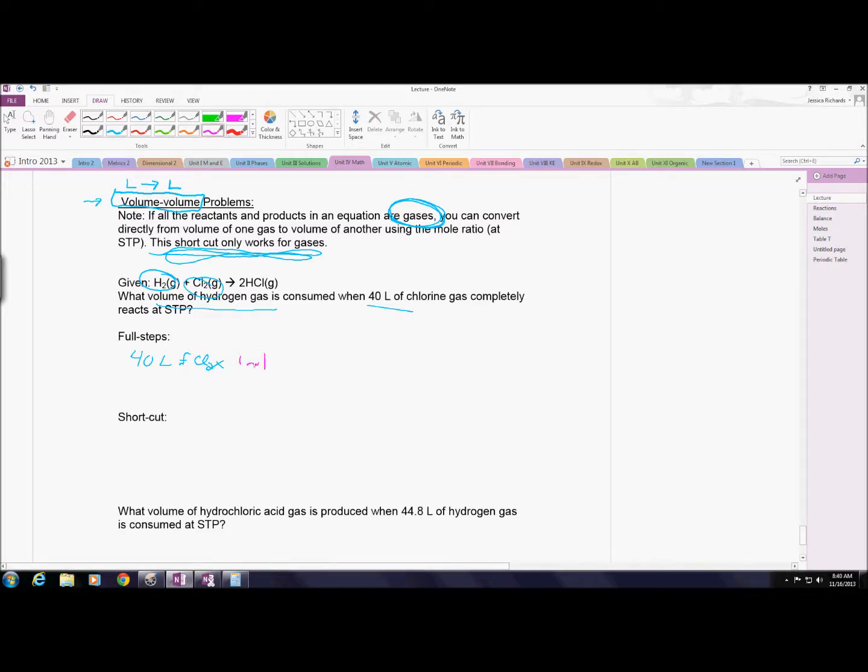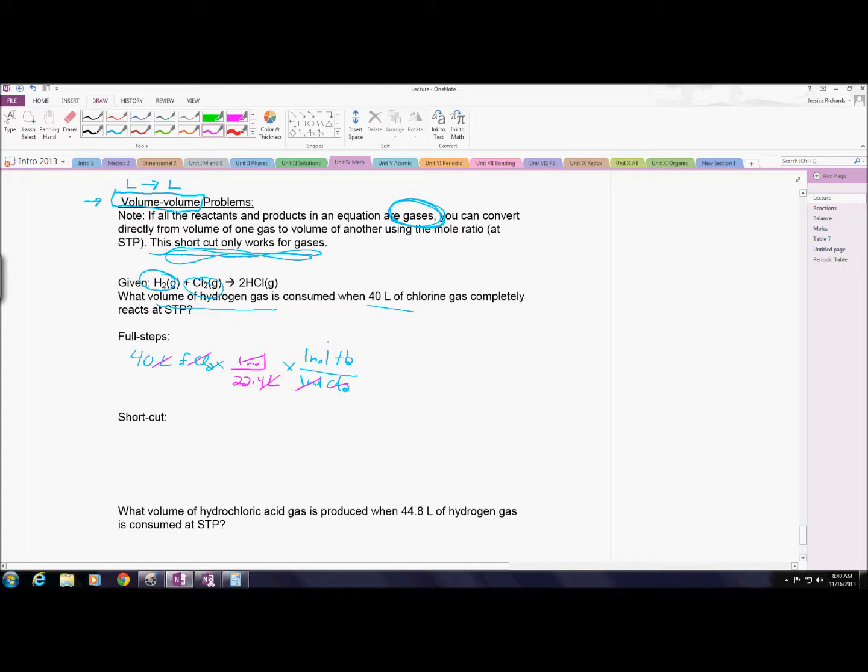So for every 1 mole of chlorine, I need 22.4 liters. That is going to cancel liters, and I'm not going to do the math yet. I'm going to use the equation and then say for every 1 mole of chlorine, I make 1 mole of hydrogen. Now I say that's going to cancel moles of chlorine and give me hydrogen.